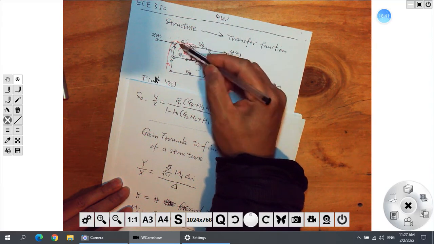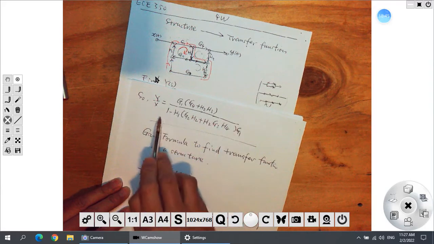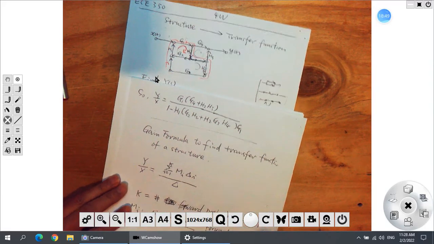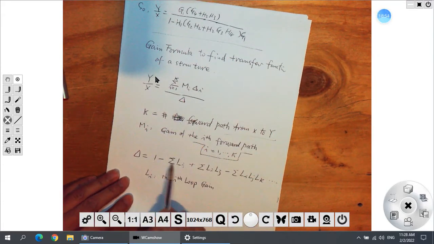So this is this large loop. So this denominator is just 1 minus first loop minus second loop, as in the formula. The denominator is 1 minus the first loop, second loop, if you have, then third loop, fourth loop, all the loops, minus all the loops.